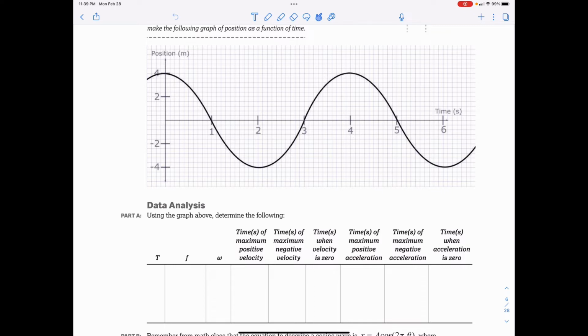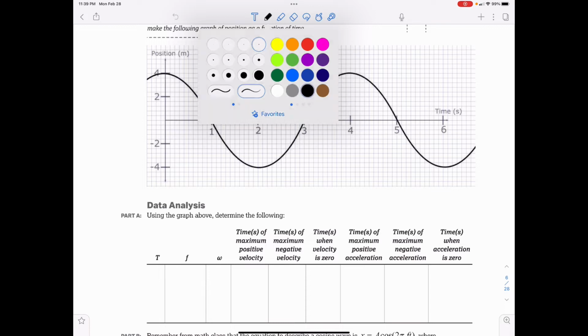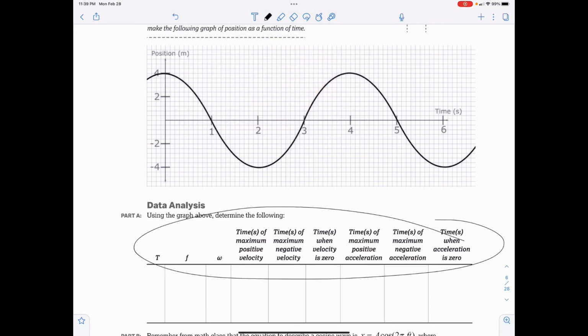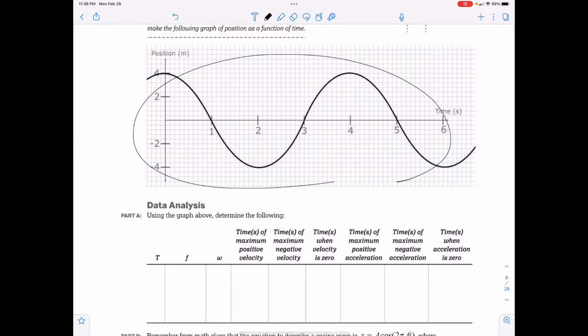Now, what we're going to do is identify these times, but up above here, we're going to write some notes as to when these places would occur. We'll also make some notes on the graph itself where these places would occur, because that will help out a lot.